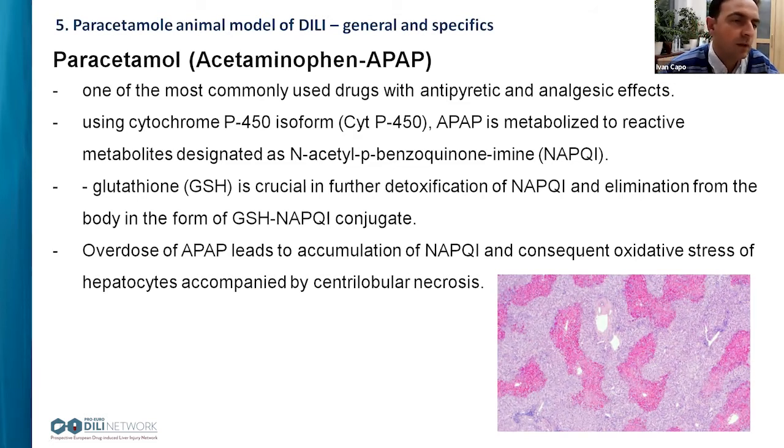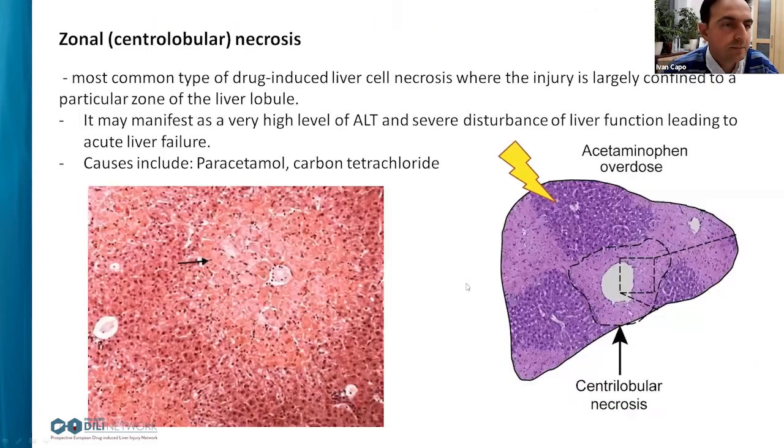And we know that glutathione is crucial for the further detoxification and elimination of NAPQI. As a result of an overdose of APAP, we get accumulation of the conjugate of GSH with NAPQI, and as a result we have some oxidative stress and centrilobular necrosis.